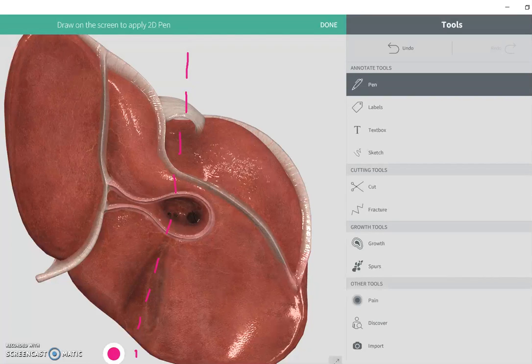Anything that you use to divide the lobes, the right lobe is still going to be bigger than the left lobe. So for Cantlie's line, all you need to remember is that it connects the IVC to the gallbladder.